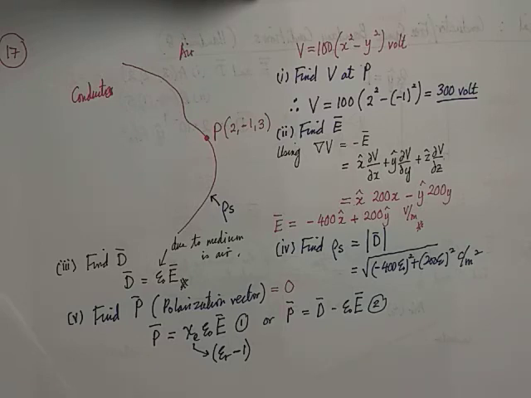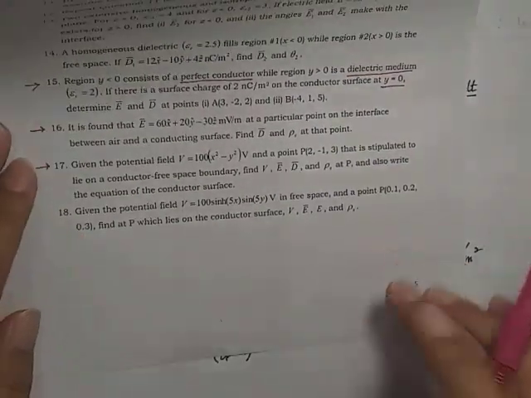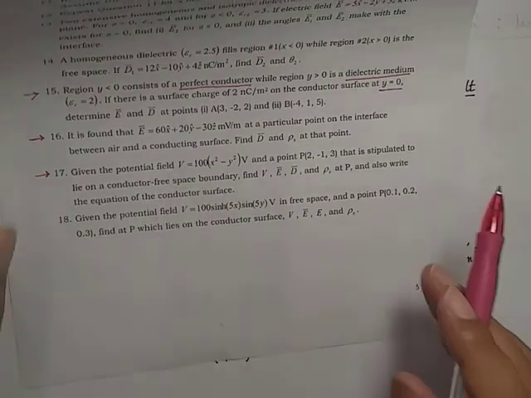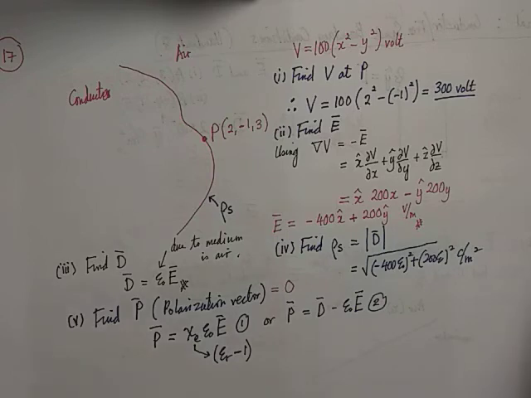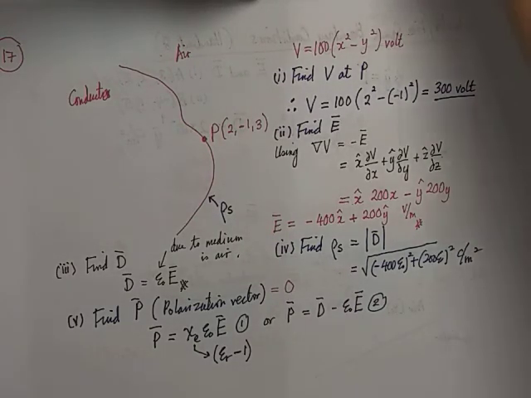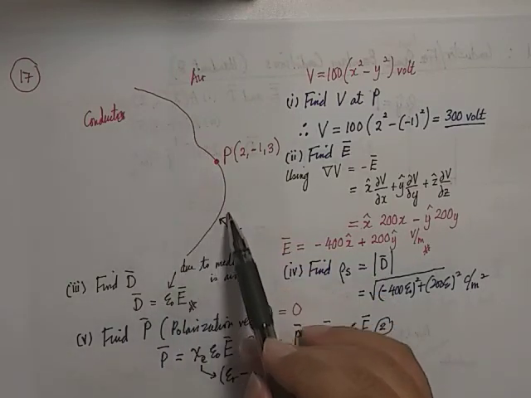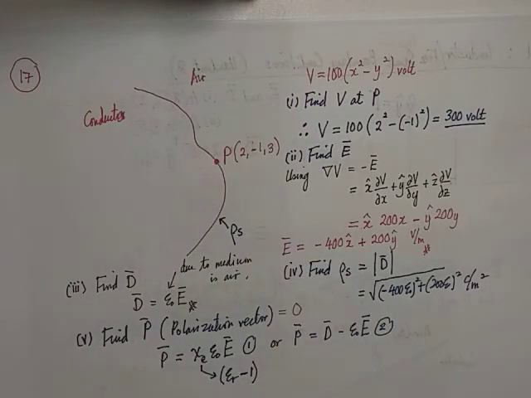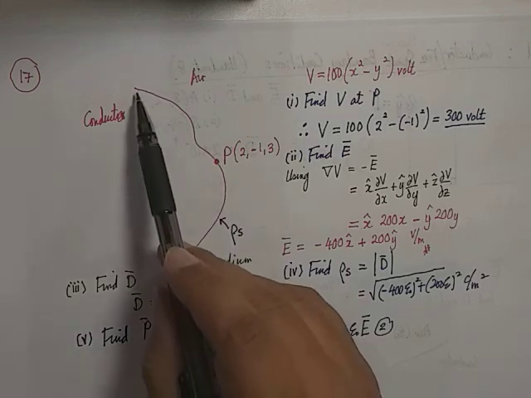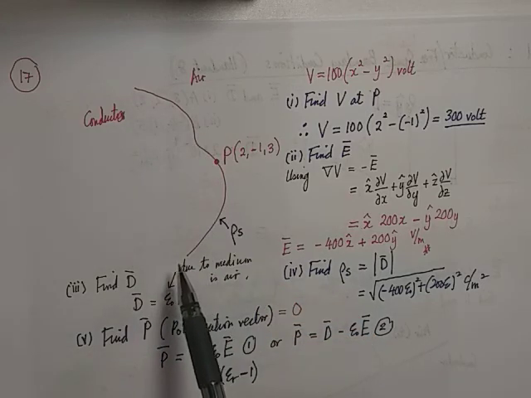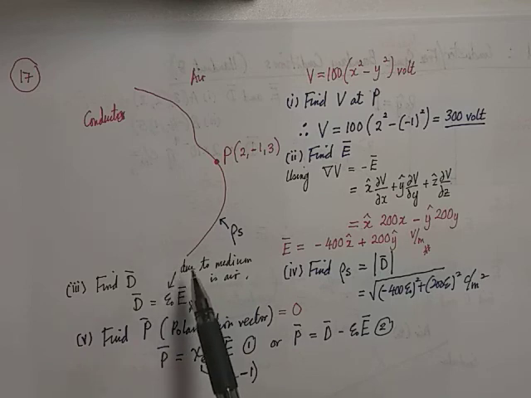Okay, good. The last question before we end our tutorial video session here: write the equation of the conductor surface. We already stated this particular interface as our conductor surface. And we know that the potential at any point on this conductor must be constant, correct?